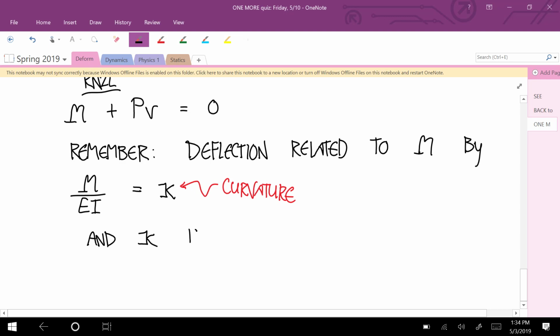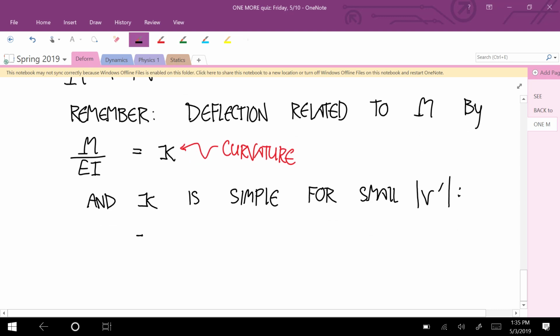So kappa is simple for small deformations. Really what it is, small absolute values of deflection prime. Then the curvature we can treat as equal to deflection double prime.